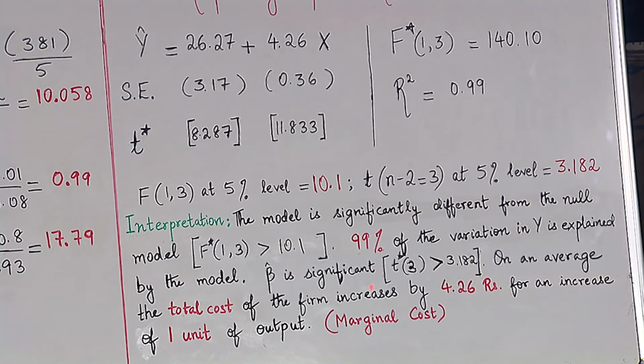Beta hat is significant because the calculated T value of beta hat 11.833 is greater than the table T value 3.182. On an average, the total cost of the firm increases by 4.26 rupees for an increase of 1 unit of output. This is also called the marginal cost. This 4.26 rupees is the beta hat coefficient.